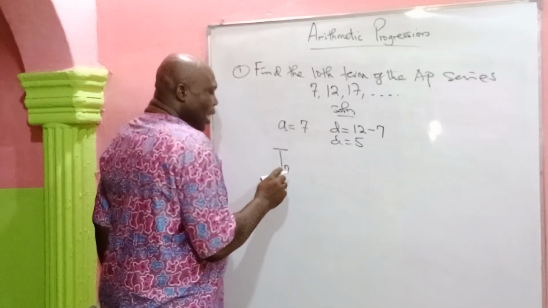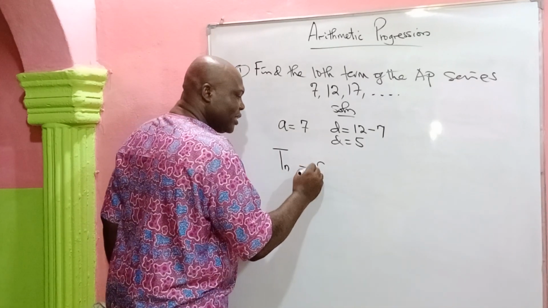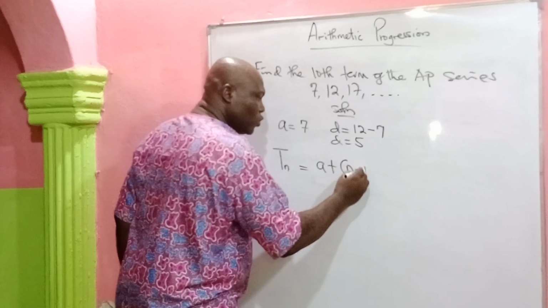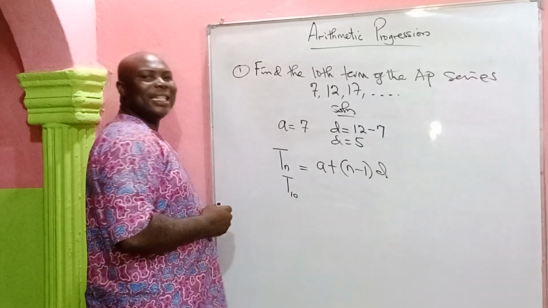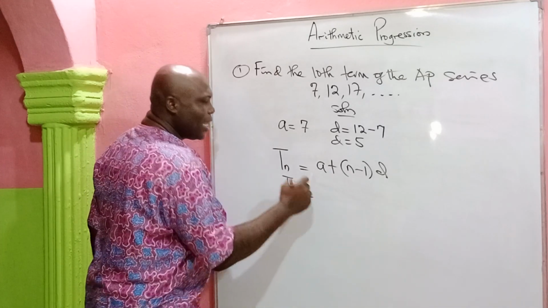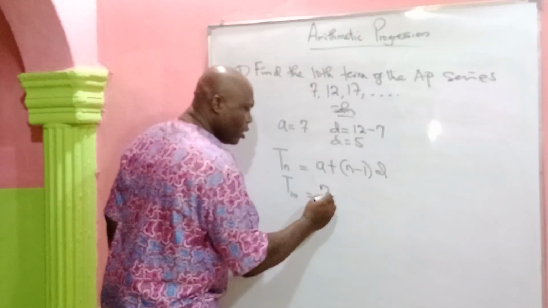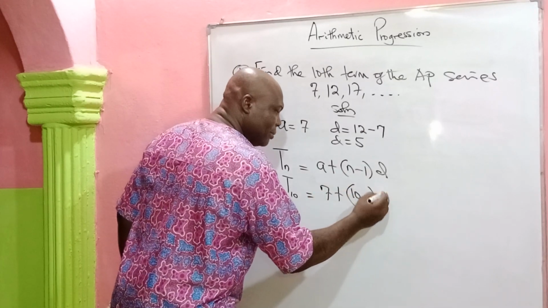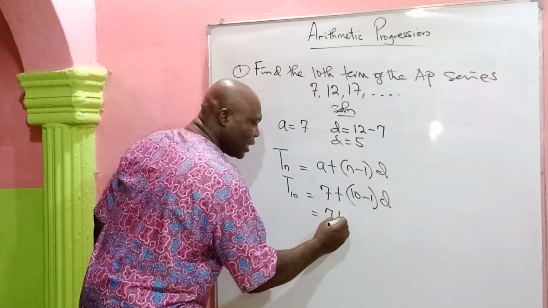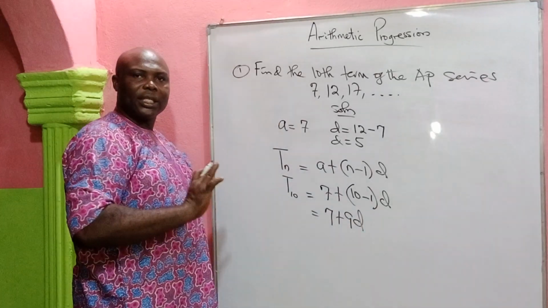Now, the formula for T of n is a plus n minus 1 times the common difference. But now we are looking for the T of 10, meaning the 10th term. The 10th term will be a, which is 7, plus n, which is 10, minus 1 times d. So this becomes 7 plus 9d, just as we have said before.